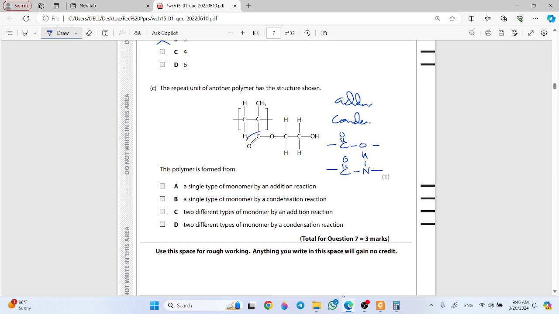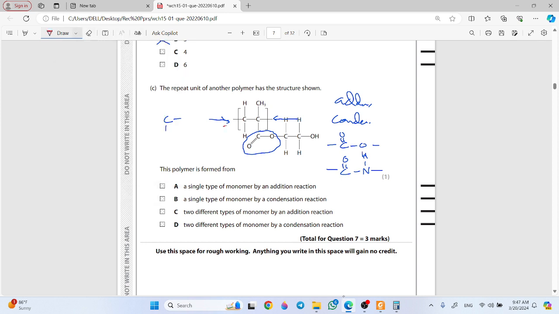Now look at this, the ester linkage is not involved in the long chain because this is the straight chain polymer. Can you understand? So that means the ester linkage is there, but it's actually outside of the chain, right? But this is there in the straight chain.